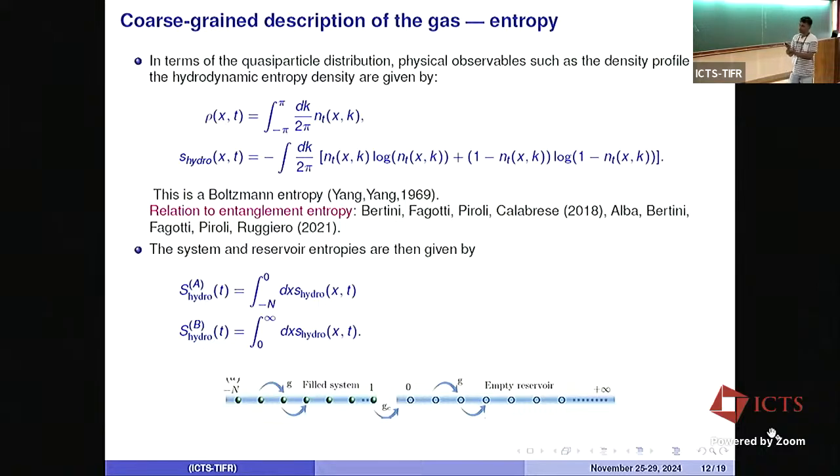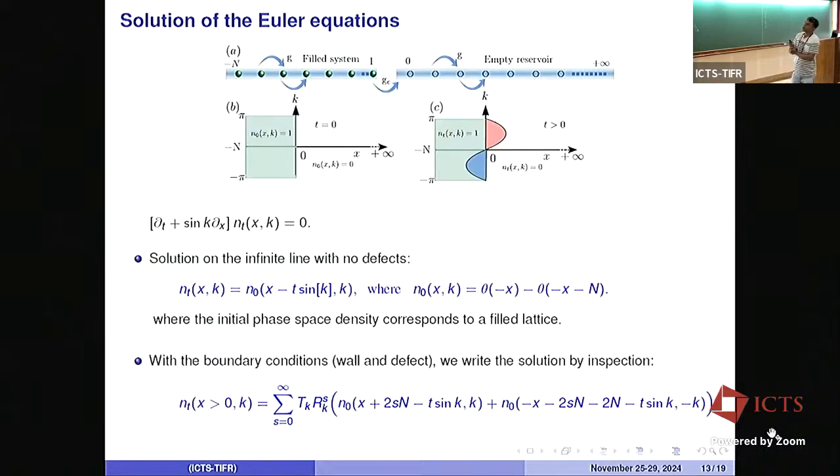So we know two ways to calculate this, either from microscopics or from hydrodynamics, and now we'll compare these two approaches. I already discussed this, but let me say again how we solve this equation. If there were no defects and no walls, the solution of this equation is trivial: you just ballistically evolve it.